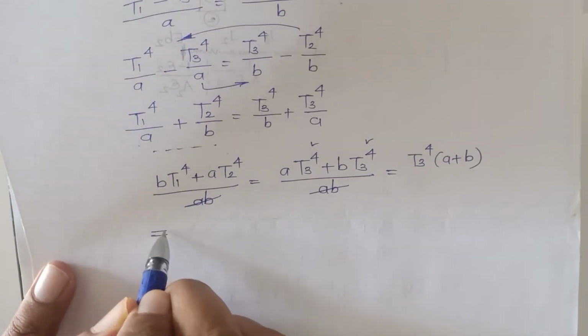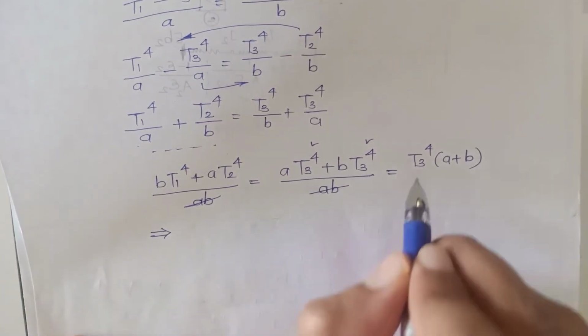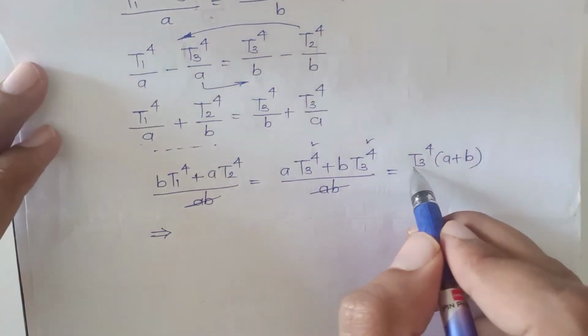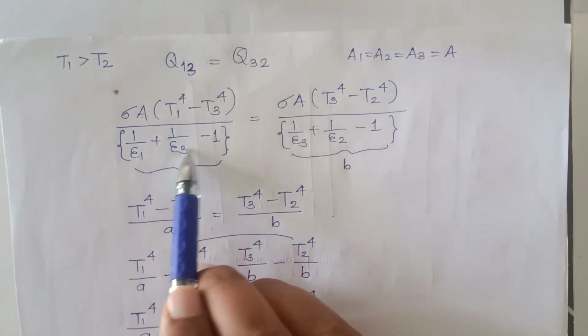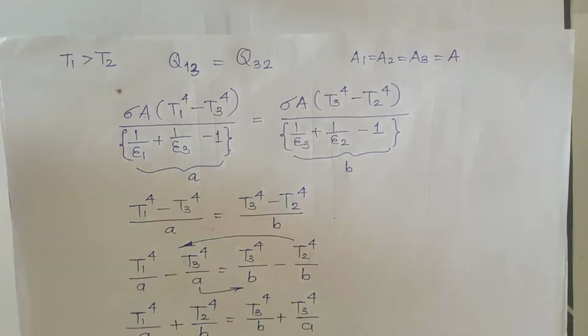So because of that, we can write, we are interested in T3. And now actually we should be clear why we are doing this exercise. We are doing this so that we can write down this Q13 equation in terms of T1 and T2 only.